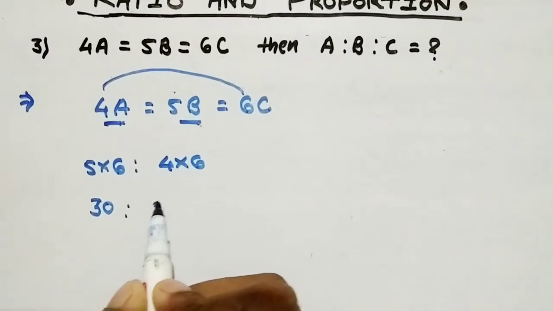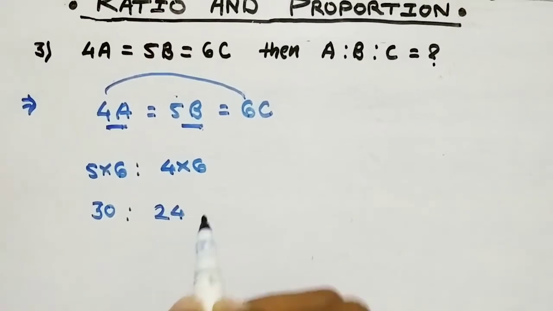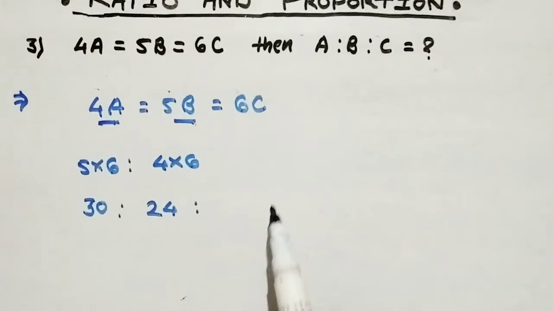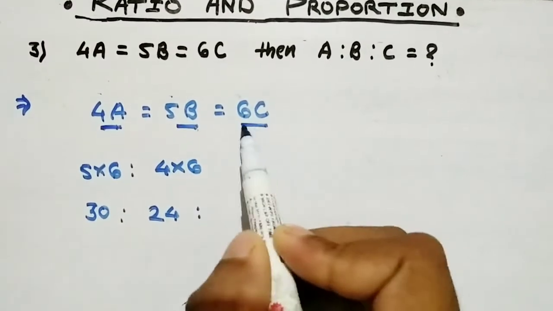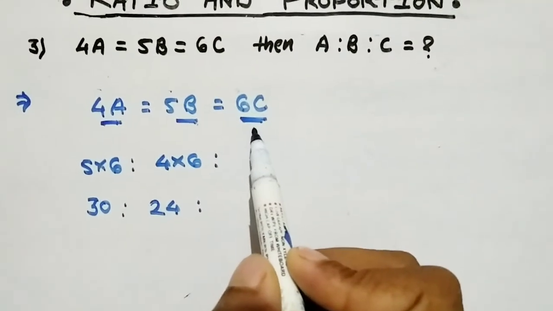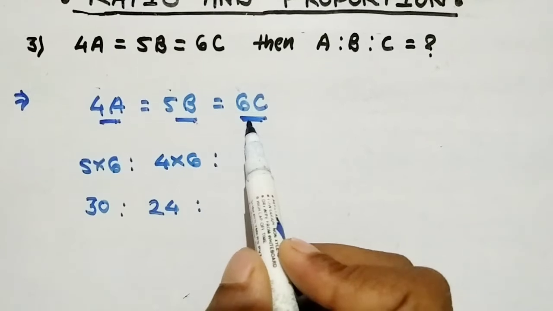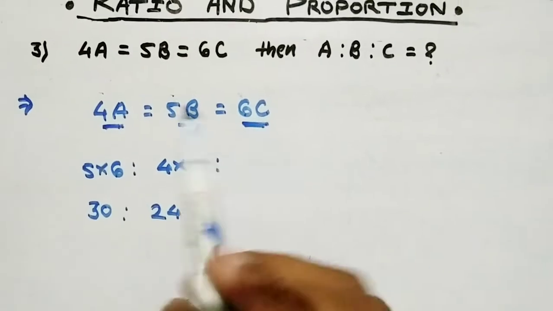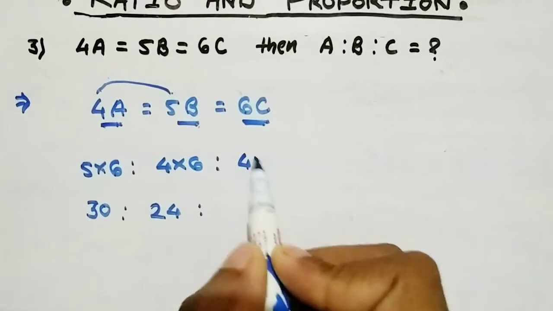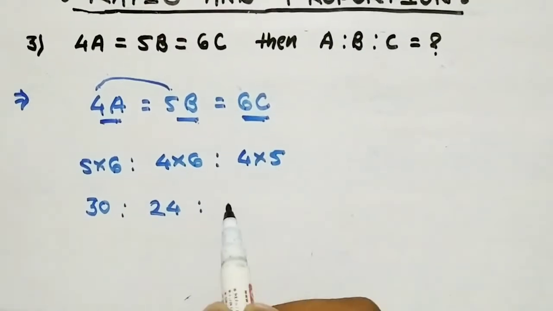So that is 6 4s are 24, right? Then move to the third term, that is the c term. So we don't consider any value related to c. So which value will we consider? That is 4 into 5. So 4 5s are 20.